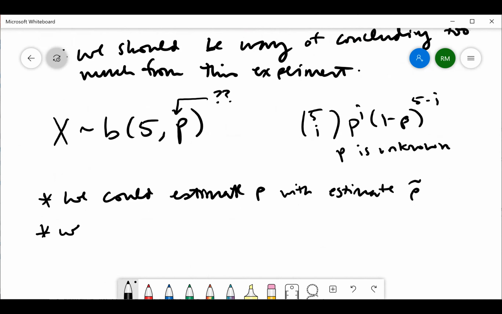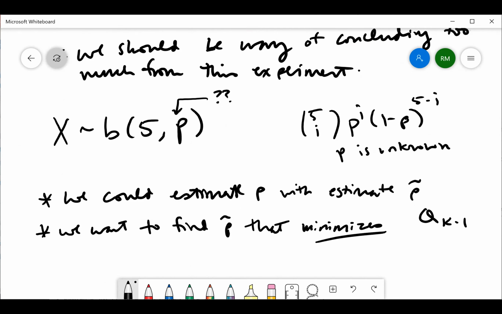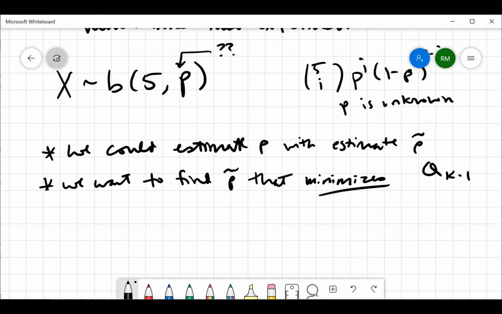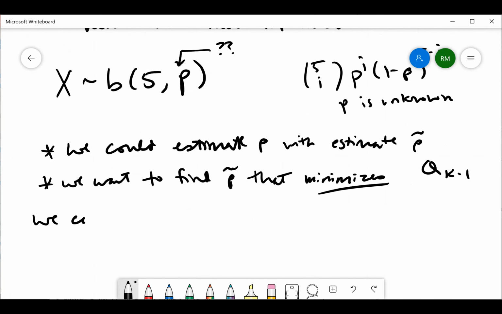So there should be some p tilde value that makes our sum as small as possible. We call this p tilde a minimum chi-square estimator.